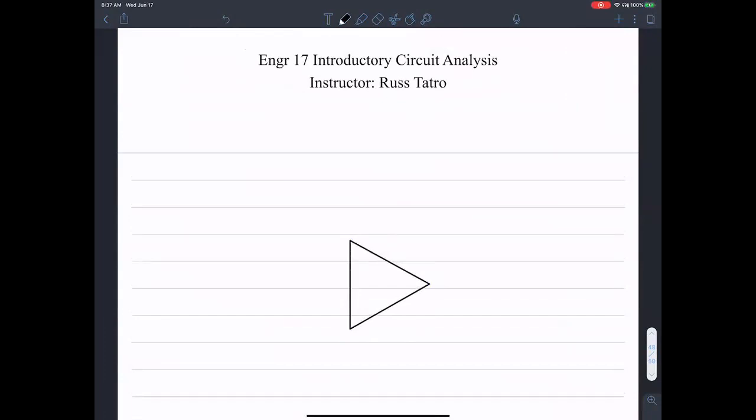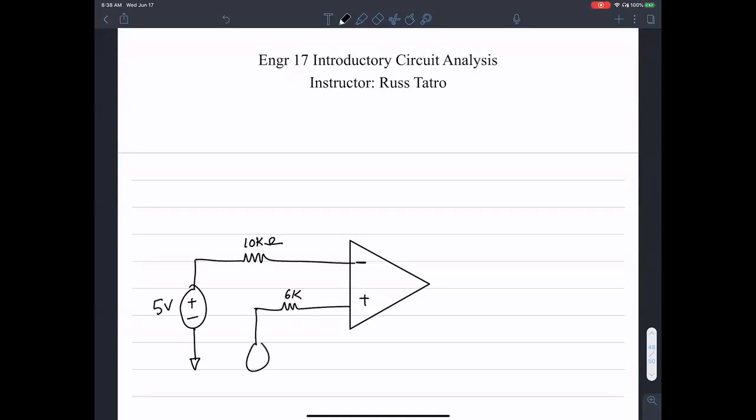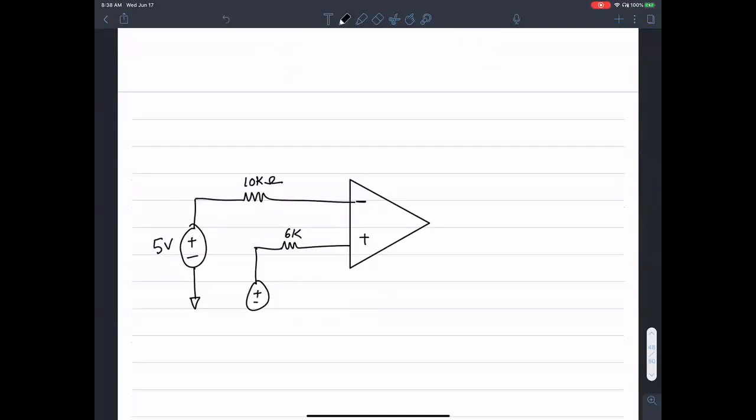Here is an OpAmp, negative and positive configuration. Then I'm applying 10K and 5 volts over here, and 6K and 3 volts over here.